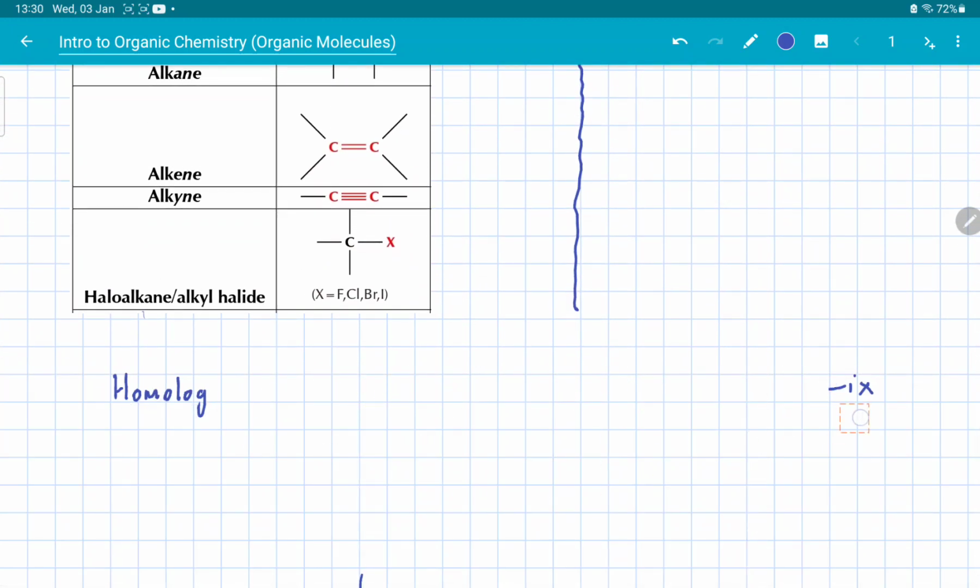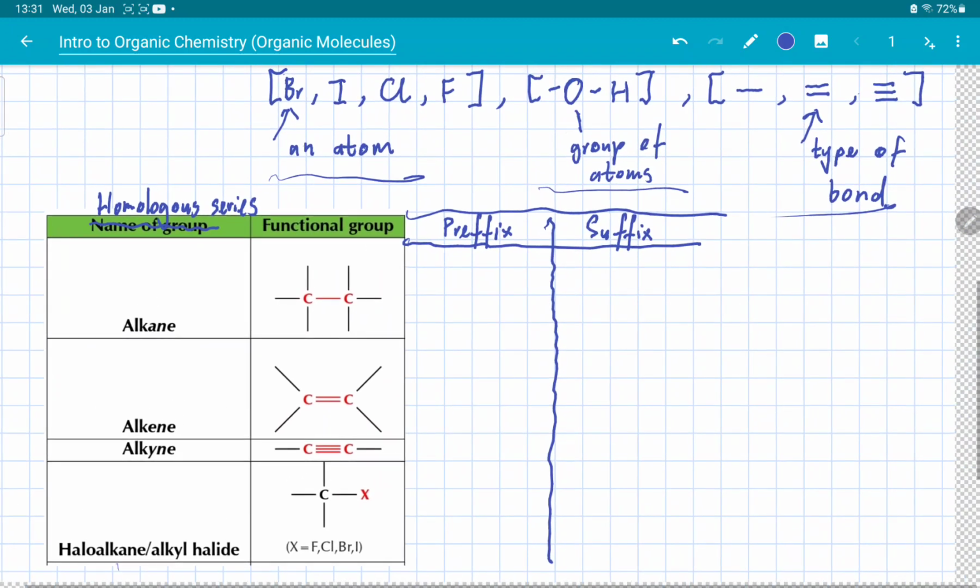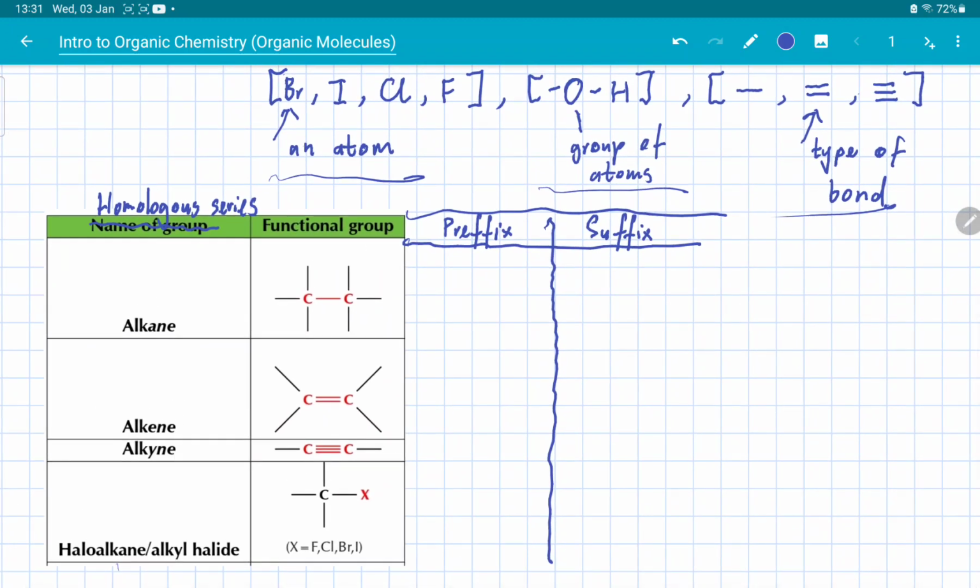Let me just take the short route. So we have our homologous series here. Let's just write homologous series. So we have homologous series that are 4 for the time being.